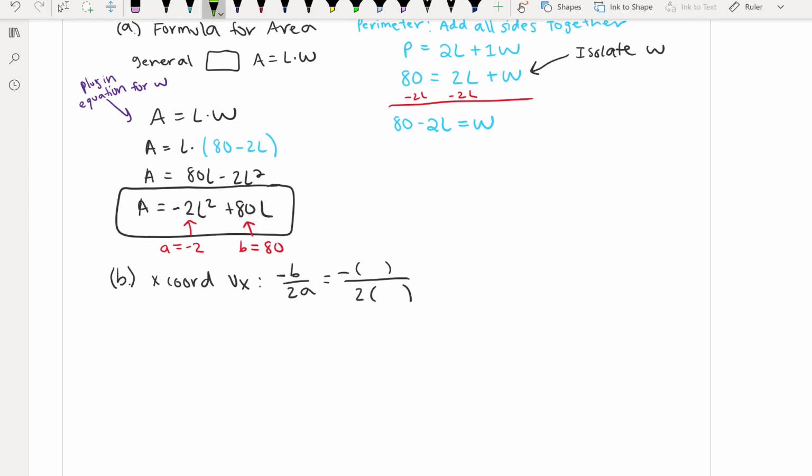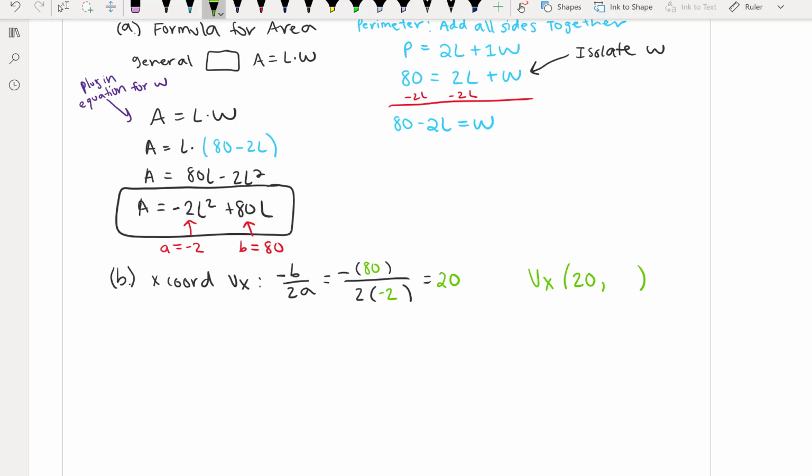So the values that I'm plugging in here is 80 for b, and for a, it's going to be negative 2. So when I plug that in and figure out my calculator, it actually comes out to a positive 20. So now I know that for my vertex, I have 20.